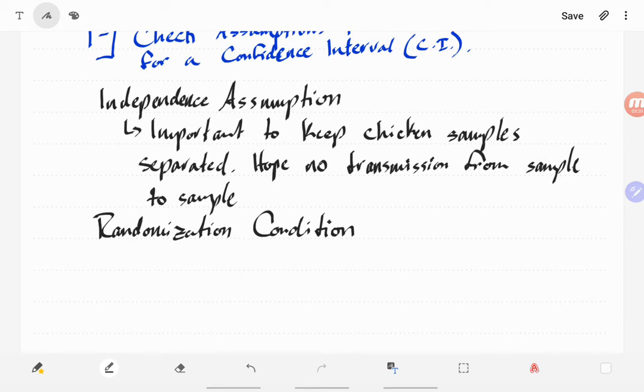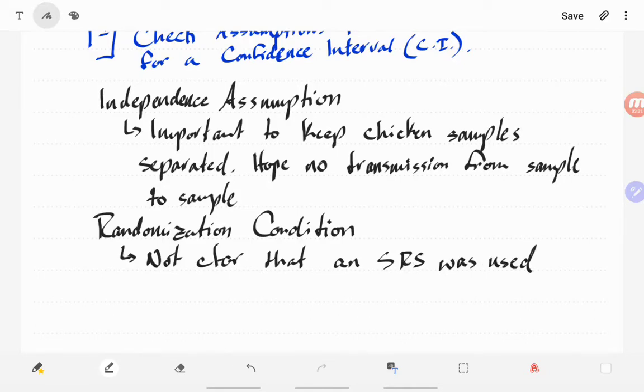Well, looking at this problem, it's not clear that an SRS was used. But what we're going to do is assume the sample from 23 states is at least representative of all chickens sold, right?